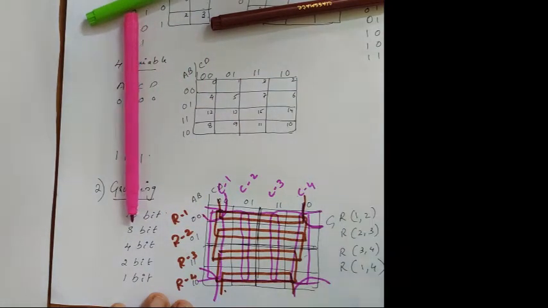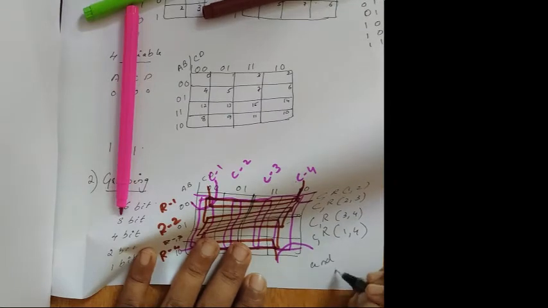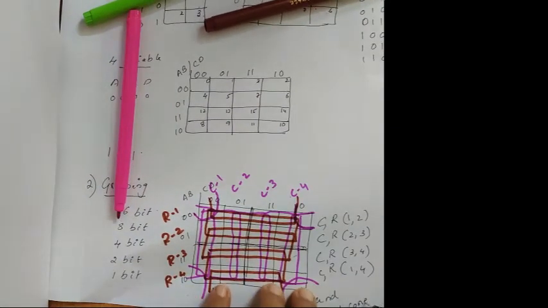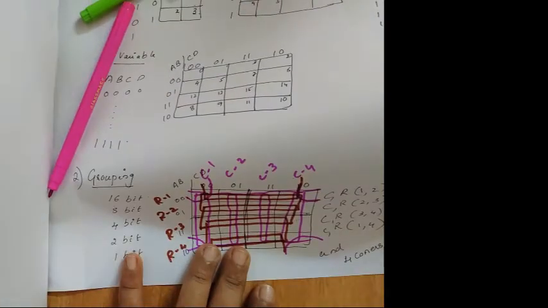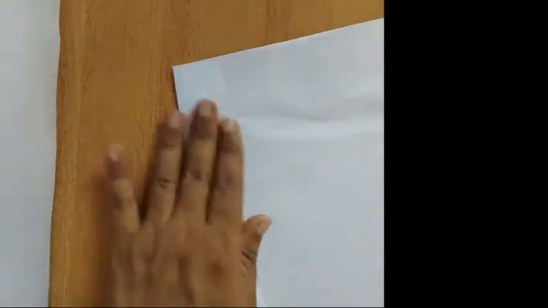And at the last, you can group the 4 corners. We can understand this more easily when you're doing a problem.